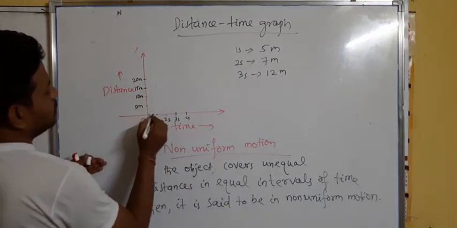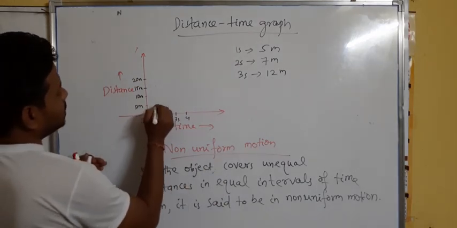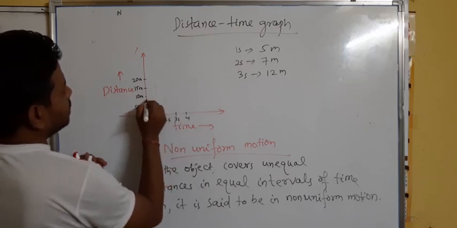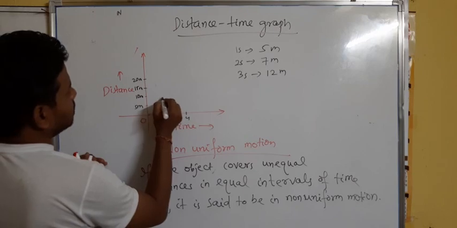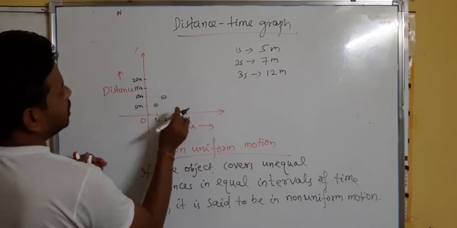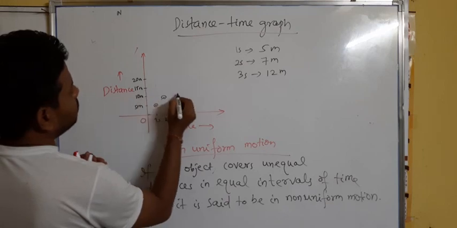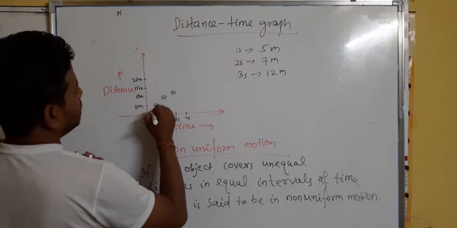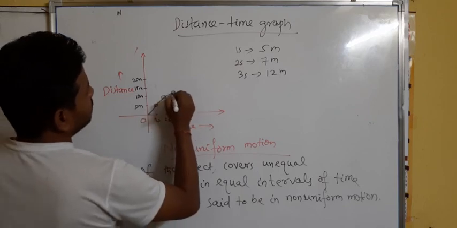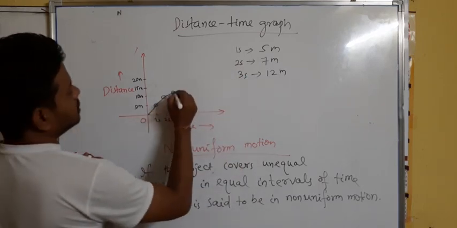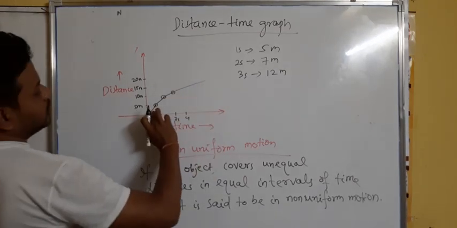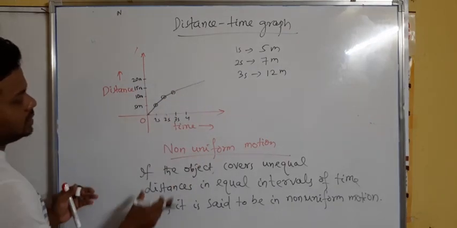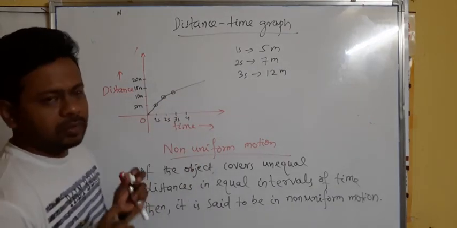So if we do the graph, the first second it is 5, in the second it becomes 7, so 7 will be like this, and third it is say 12, it will be like this. So the graph will be a bent one, like this. If the graph is not straight, it is a curved line, then we can say it is non-uniform motion.